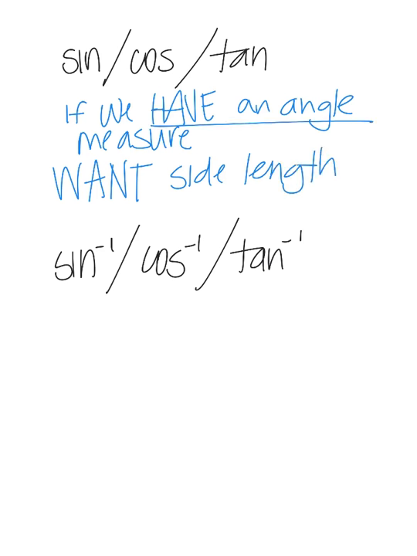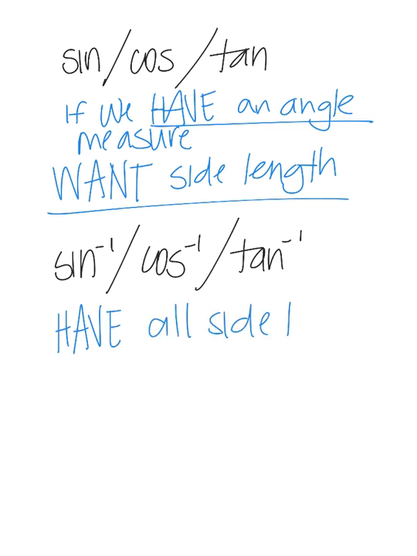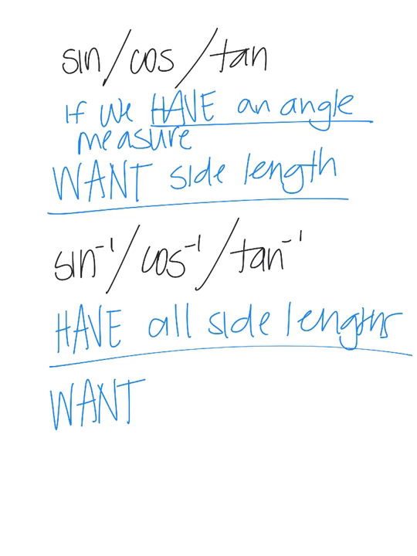So we have an angle measure, we want a side. When we use the inverse, that means we have all side lengths necessary, and we want an angle measure.